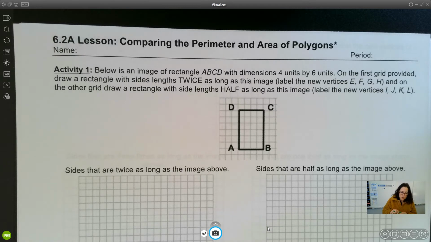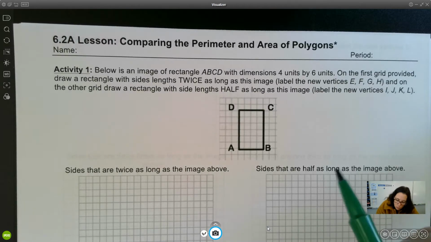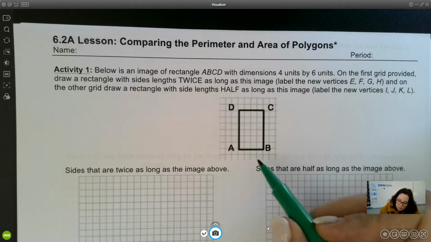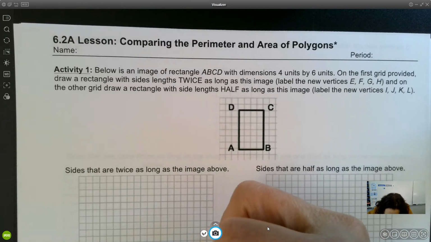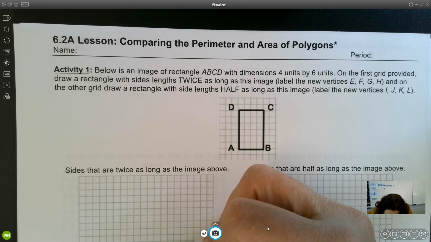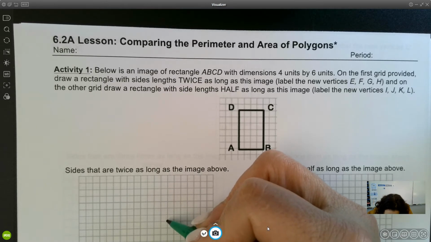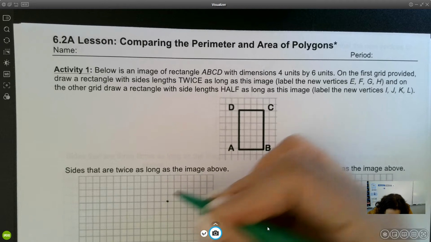All right, so twice as long, we're going to do 8 and 12. So let me start here. Get a straight edge here. All right, so 1, 2, 3, 4, 5, 6, 7, 8. 12.